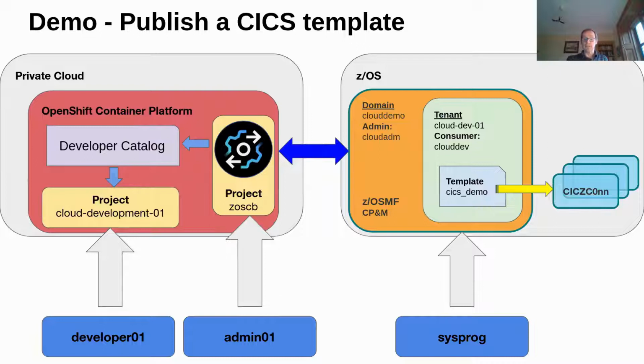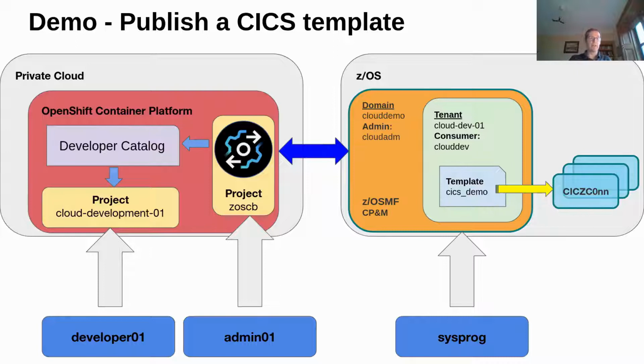Having published those things within z/OSMF, the systems programmer can then make those published templates available within the OpenShift platform via the Cloud Broker. And as we'll see in the demo, how that manifests itself is that the middleware resources on z/OS will appear as items within the developer catalog.